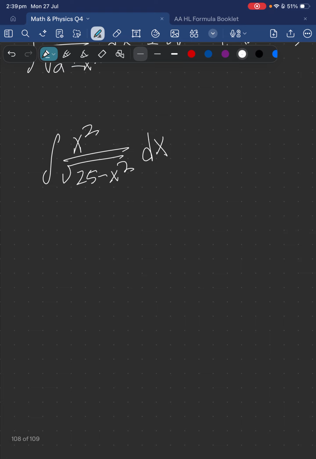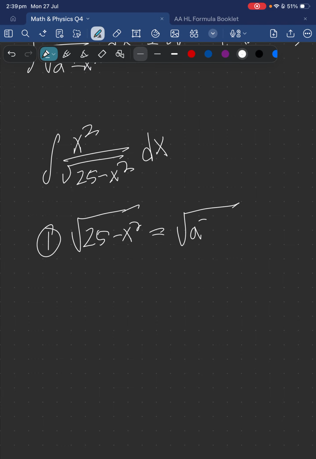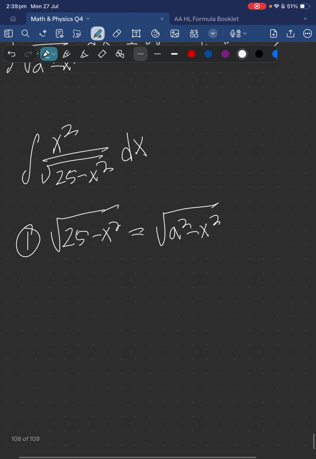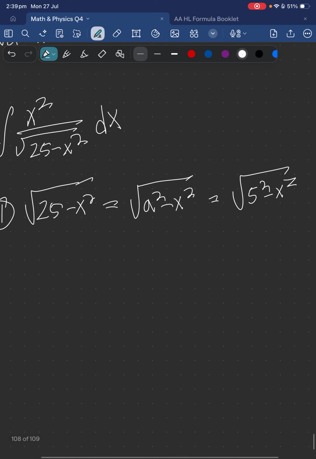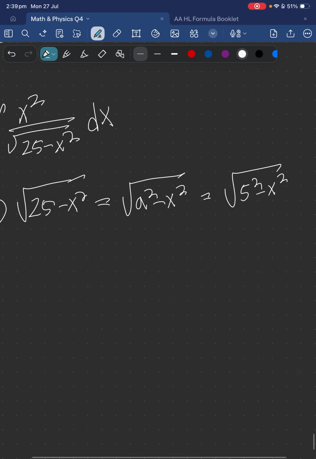So the first step, I will tell you this again, is to convert the square root of 25, okay, my bad, minus x squared into a squared minus x squared, which is equal to 5 squared minus x squared. That's the first step.